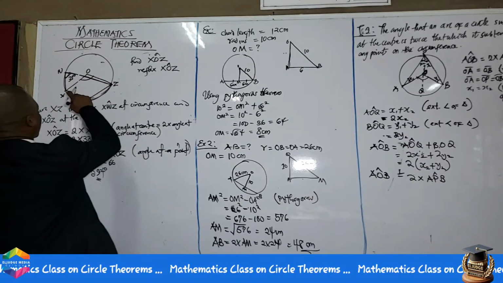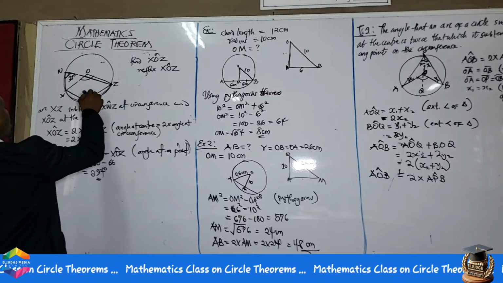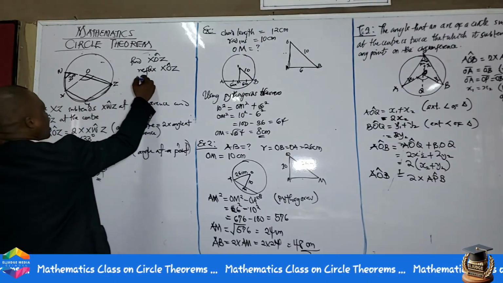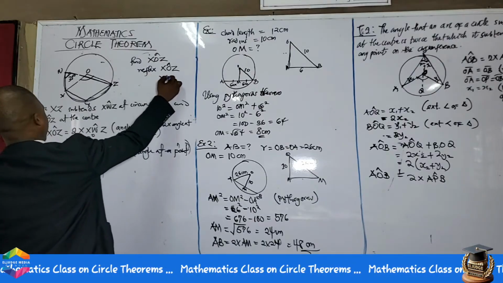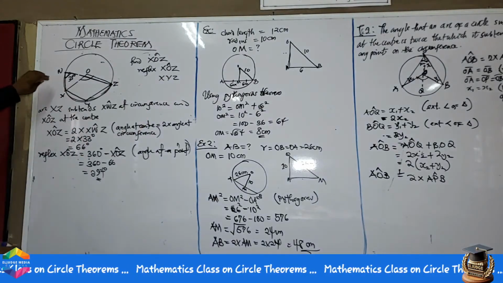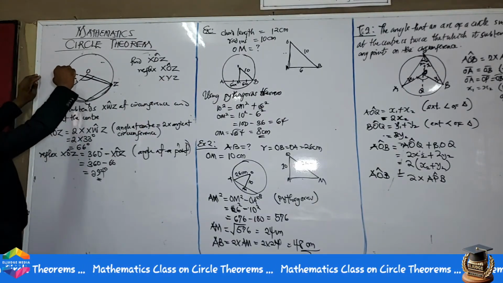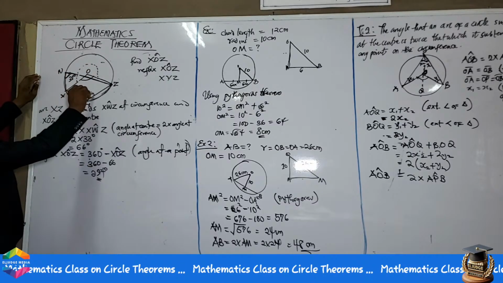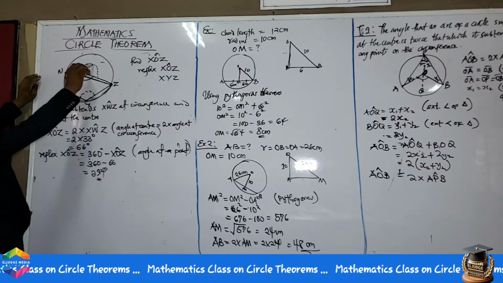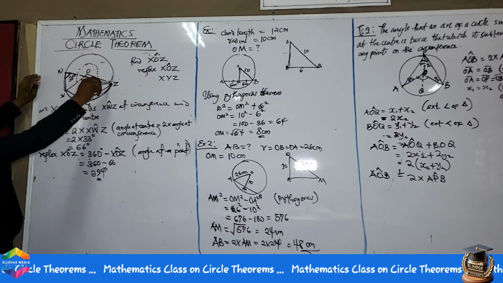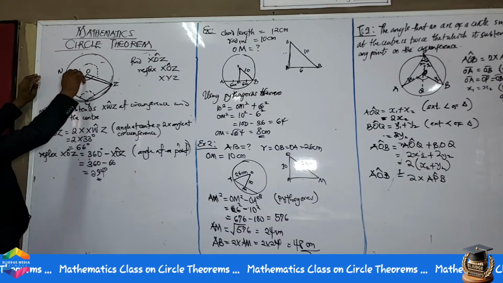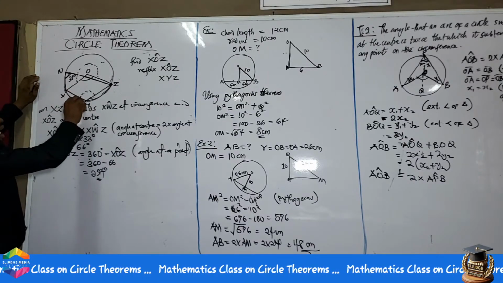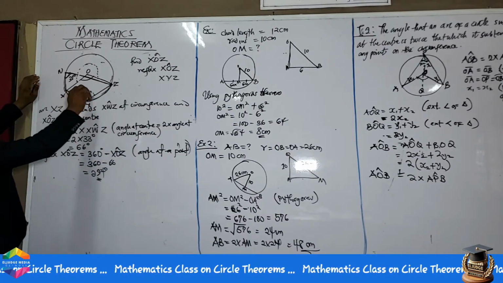I think we can also look for the angle XYZ. The reflex angle is in line with this. You can see the way it is. It is this arc that subtends reflex XOZ at the center, and also subtends this angle XYZ at the circumference.